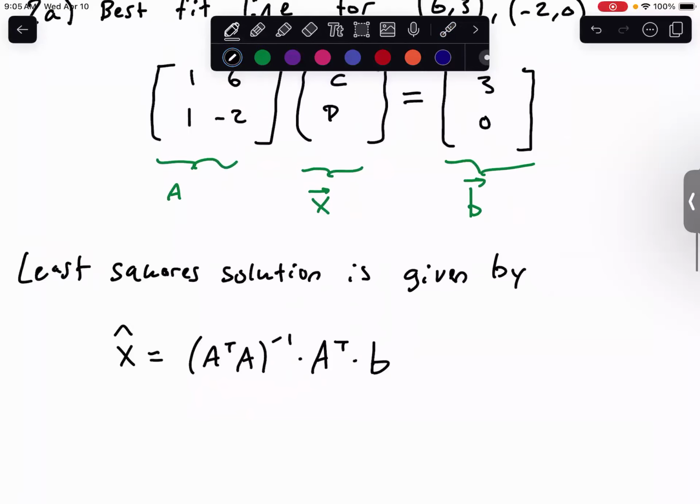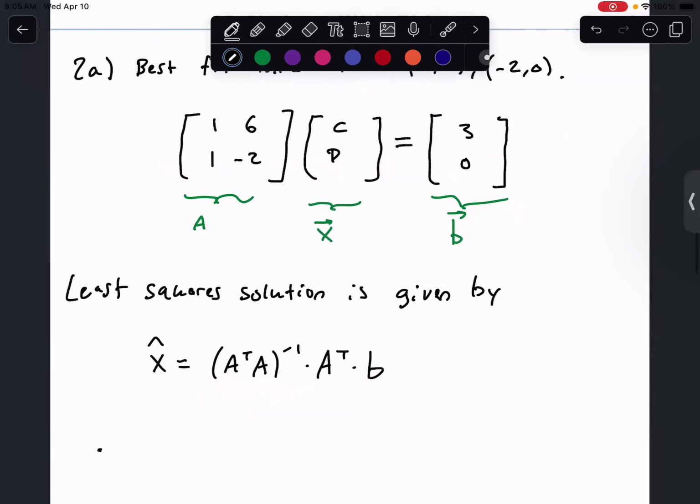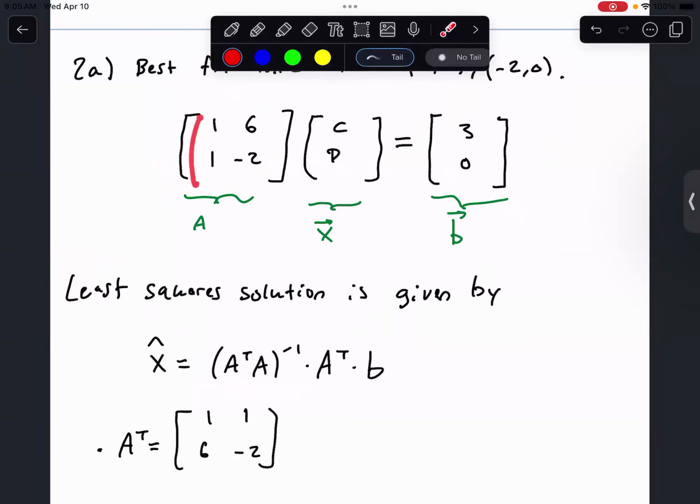But just writing things out, making clear, we have A transpose equal to 1, 1, 6, minus 2, right? So the first column becomes the first row, second column becomes the second row. That's A transpose, and then A is just this matrix here, 1, 6, 1, minus 2.